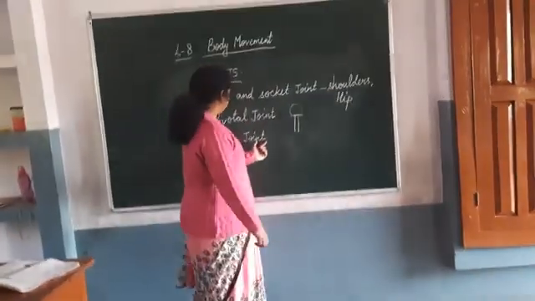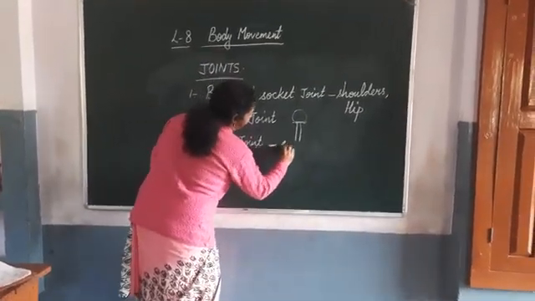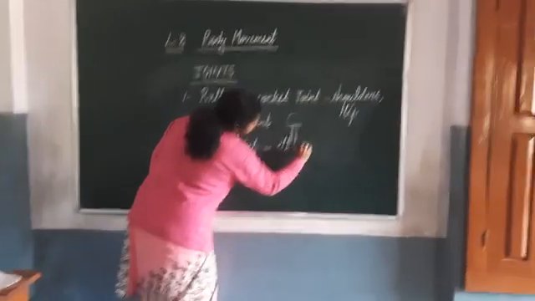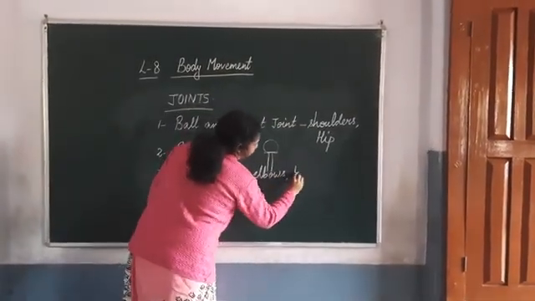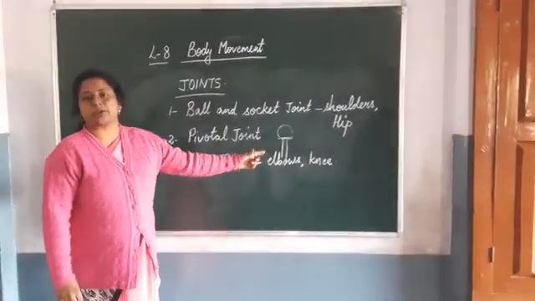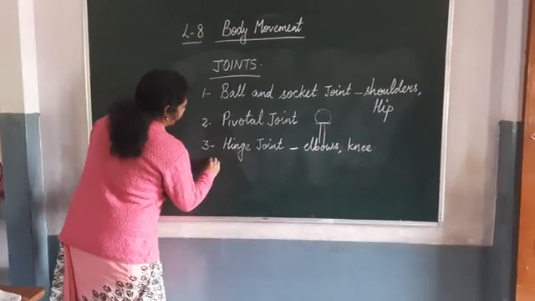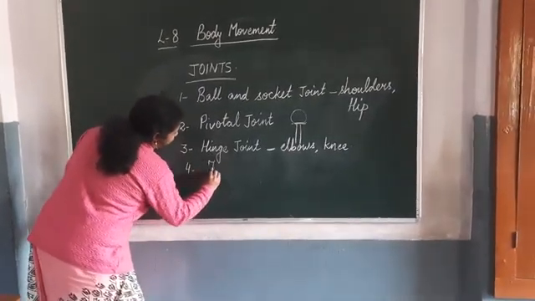So the examples of hinge joint are the elbows and the knees. Then the last kind of joint is the fixed joint.